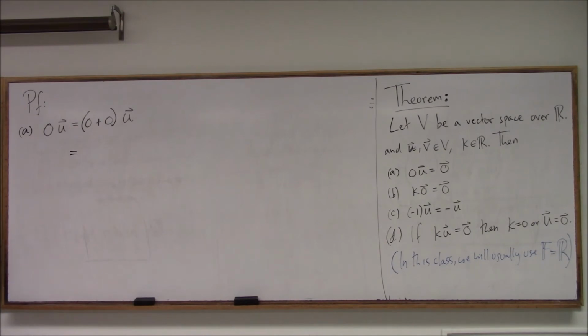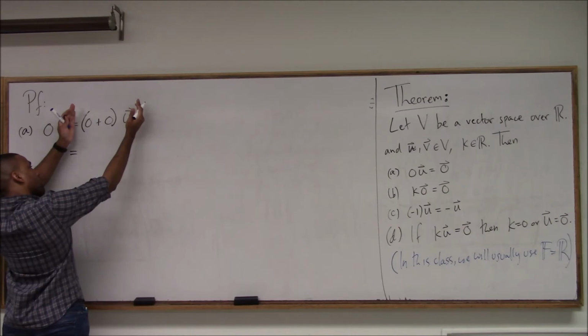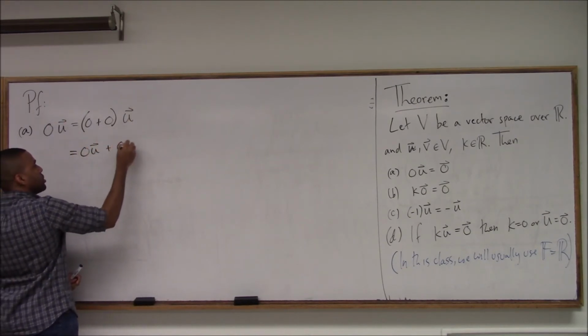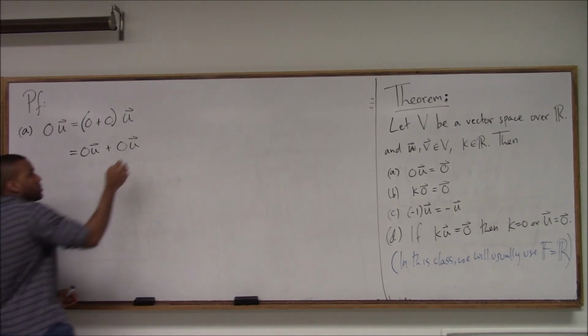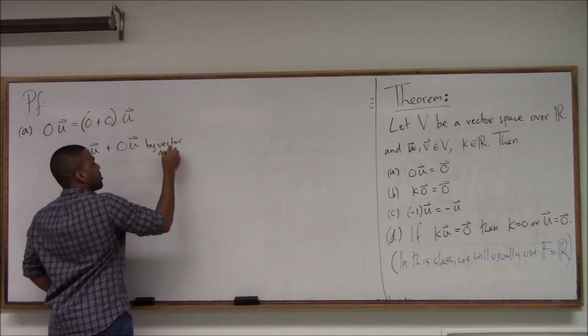And now, according to our vector space axioms, what does something like this become? 0u plus 0u. This happens by a vector axiom.